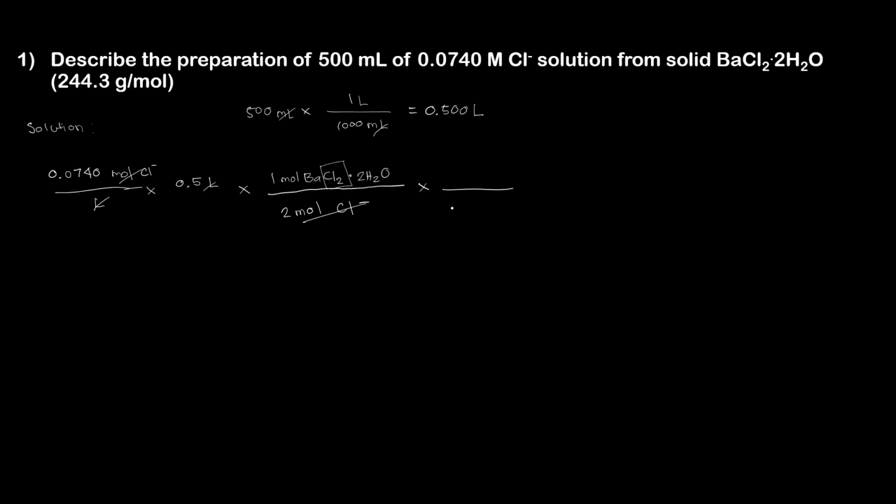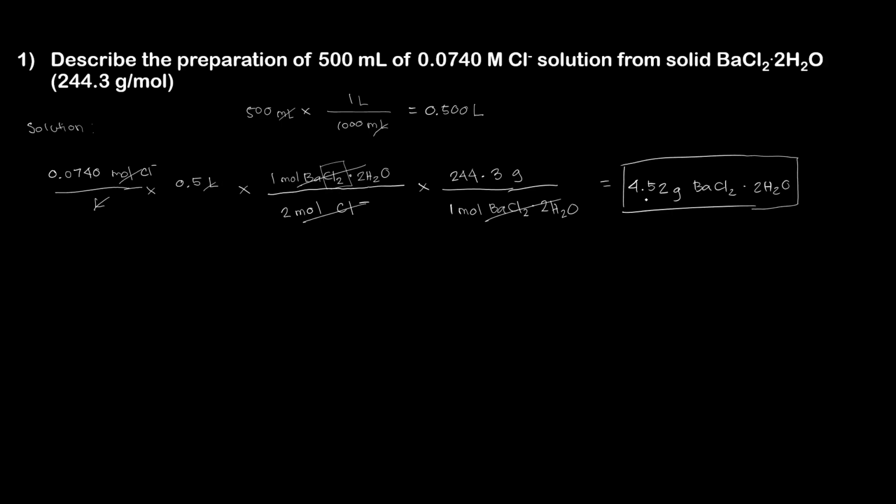So 1 mole of BaCl₂·2H2O has a mass of 244.3 grams, and that would be 4.52 grams of BaCl₂·2H2O. That means we're going to weigh 4.52 grams of BaCl₂·2H2O and then dilute it to its volume, thus creating 0.0740 molar.